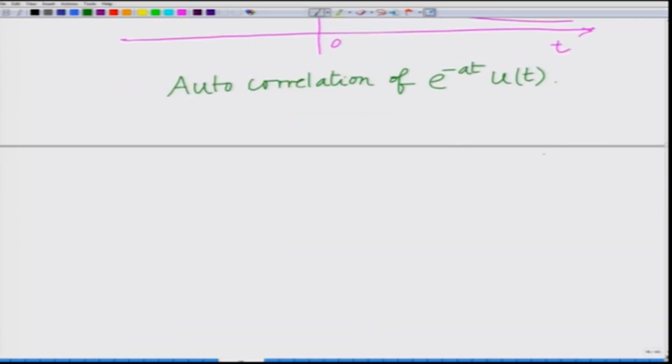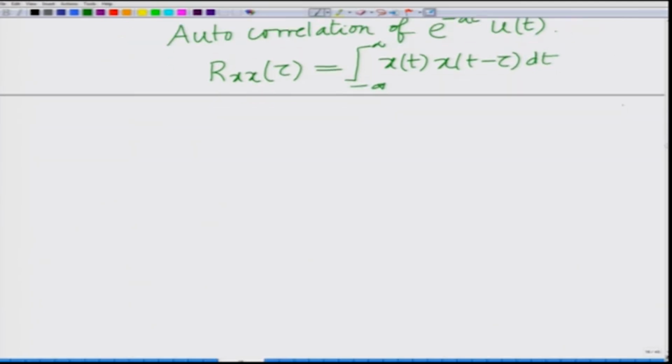The autocorrelation is nothing but Rxx of tau, which equals the integral from minus infinity to infinity of x of t, x of t minus tau, dt. Well, here the signal is a real signal, so there is no need for the conjugate. Now, consider tau greater than or equal to 0.